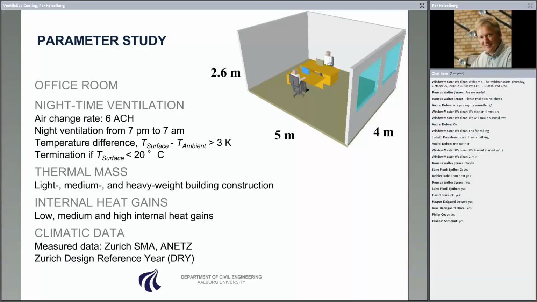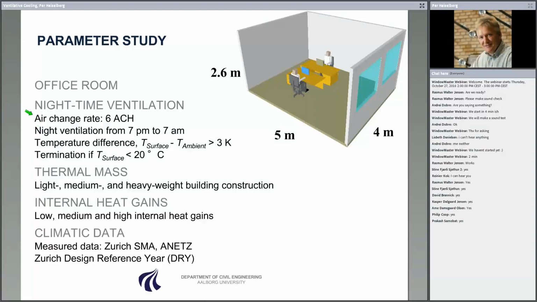So this is a study example with a typical office room where a sensitivity study was made looking into what is the impact of the thermal mass of the building construction, what is the impact of how large the heat gain is on the temperature in the space, and then it was done for a Swiss climate where we have relatively high summer temperatures.